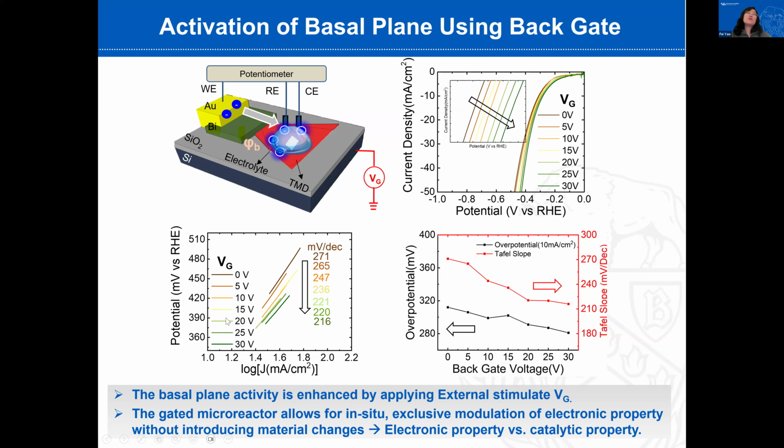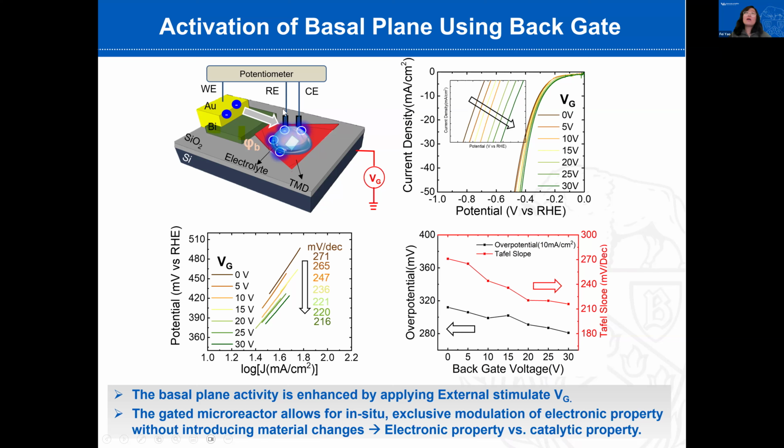The Tafel slope can be extracted from this plot, and then we plot the values with respect to the gate voltage applied in this particular curve. What we found is that we can actually enhance the basal plane activity by simply applying the external stimulus, which is the backgate here.